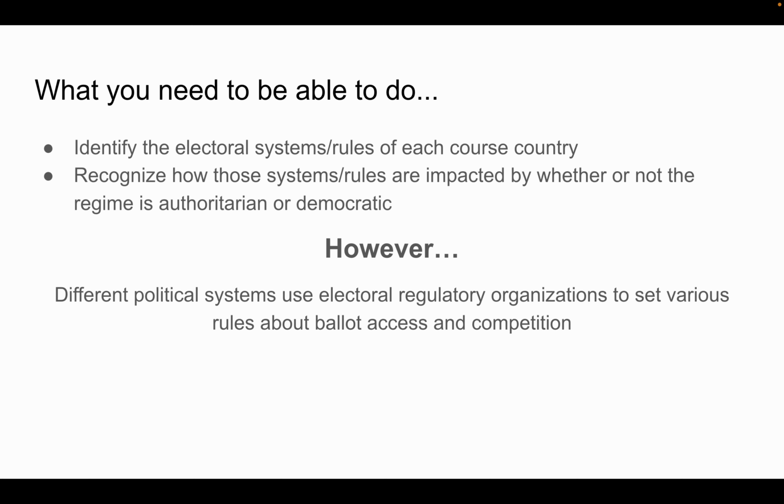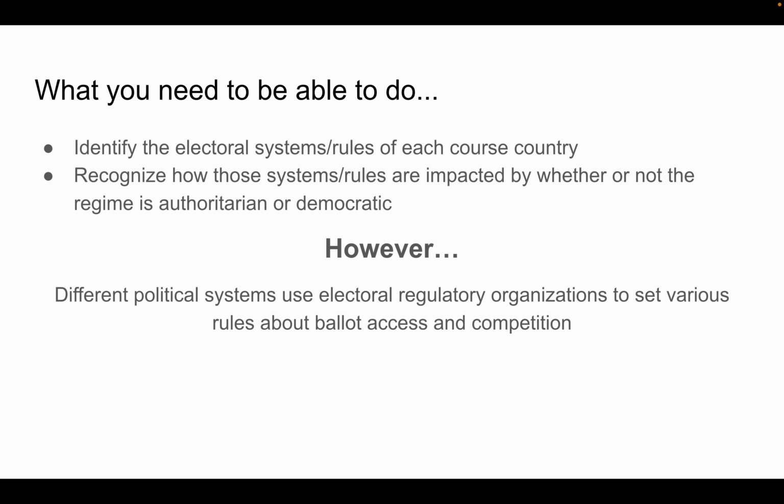All right, so what you're going to need to be able to do with this information, you need to identify the electoral rules and systems for each of the core countries. You need to be able to recognize how those systems and rules are impacted by whether or not the regime is authoritarian or democratic. However, different political systems use electoral regulatory organizations to set various rules about ballot access and competition.